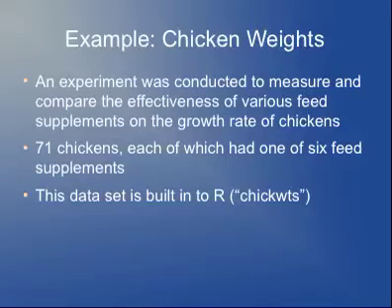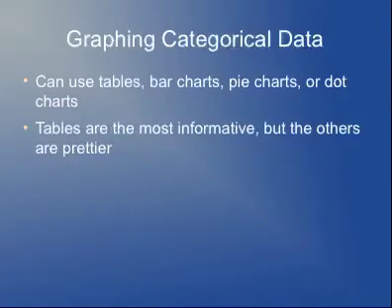And if you want to follow along, or try this in R yourself at some point, this data set is already built into R. It's called chickwts, and if you do the commands that I show you in R using your own version of R, you should see the same graphs that I'll show today.